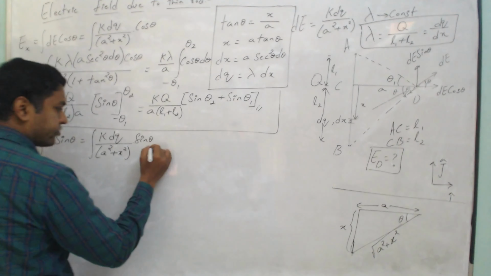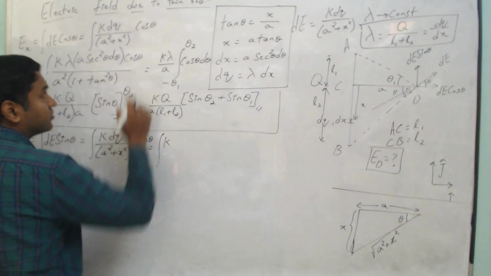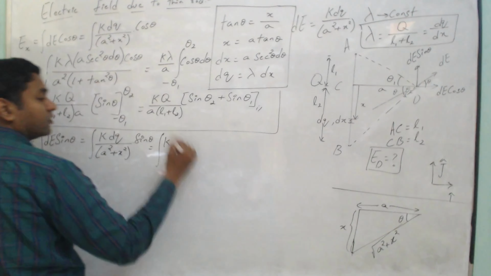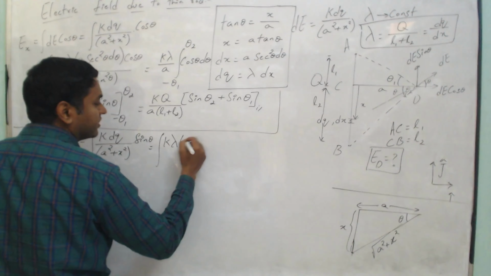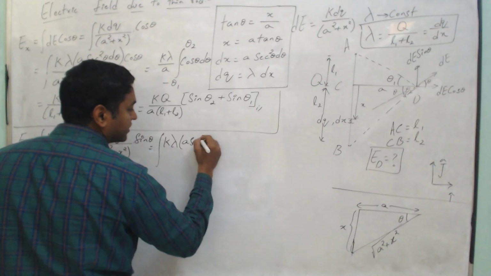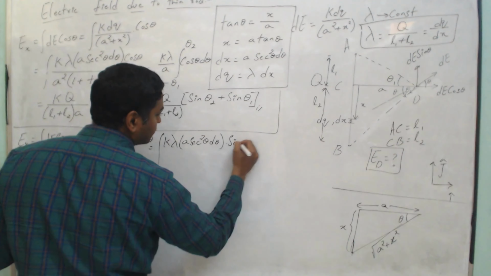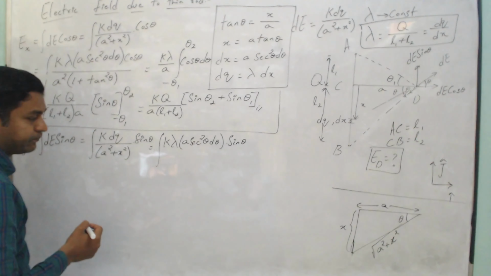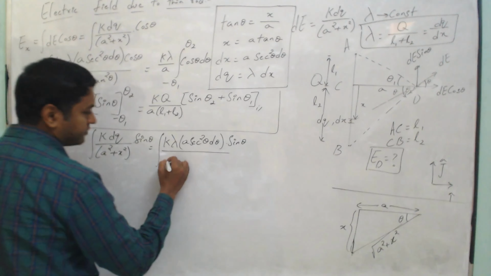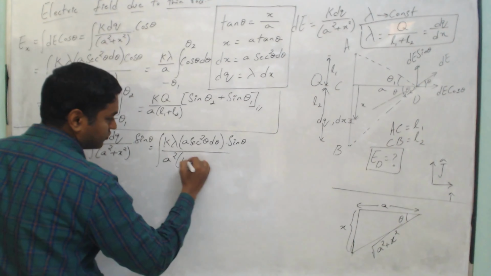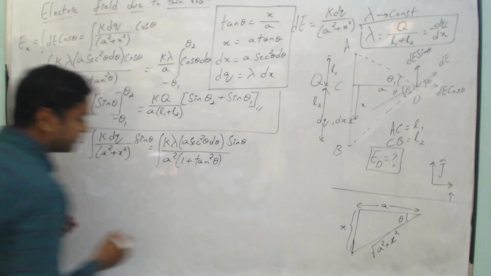Now integral of k. In place of dq, just like here, what will I have? Lambda. And in place of dx, I have a secant square theta d theta, into a sine theta outside, correct? Whole divided by a square plus x square, which is a square into 1 plus tan square theta. Is this clear?